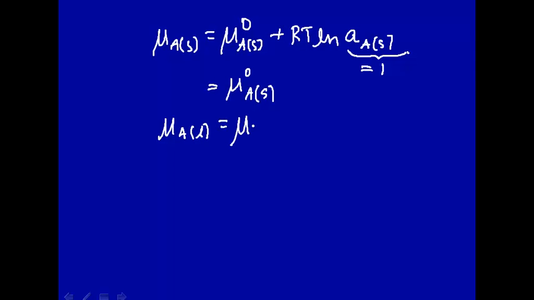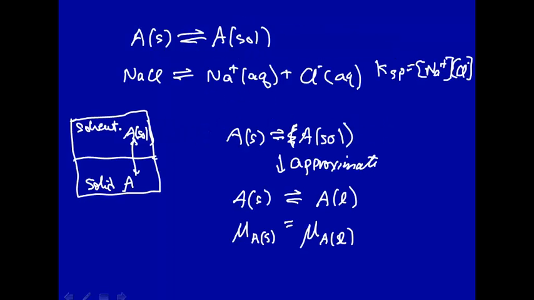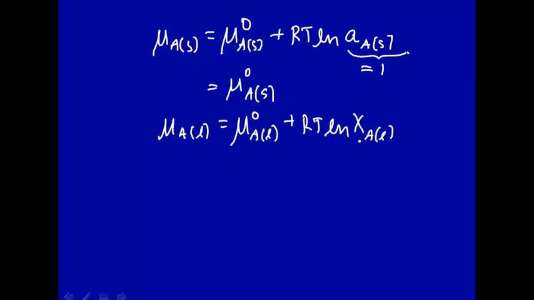Now let's do the same thing for the chemical potential of A in the liquid state. That's the standard state chemical potential of A in the liquid state, plus RT times the natural log of the mole fraction of A in the liquid state. In other words, we have A mixed in with the solvent, and what's the mole fraction of A here? That's what we mean by A in the liquid state, which is actually the solvated state, but we made that approximation.